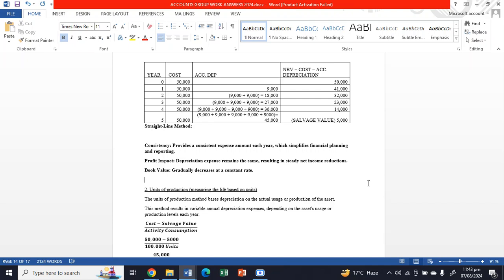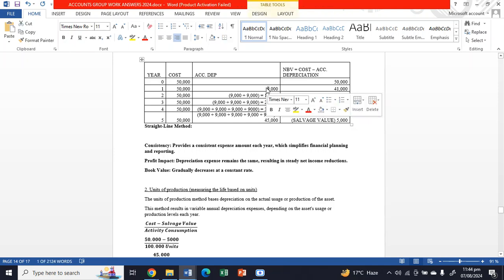In the balance sheet, the value of the asset reduces in a constant manner. Every year you're always incurring the same depreciation expense and just adding it to the accumulated depreciation. So the value of the asset will go down in a steady manner.